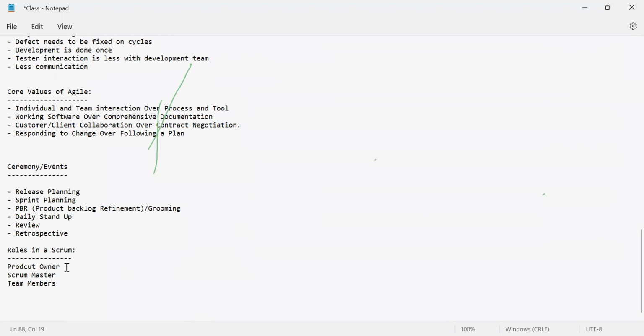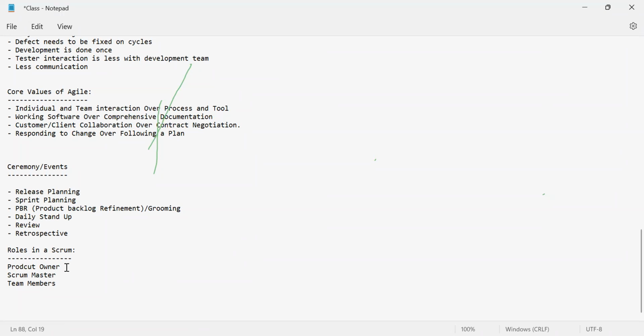Product backlog contains all the stories related to the product. Sprint backlog contains the stories that will be delivered in the 2-week sprint by all 4 teams. For example, the first 20 prioritized items will be picked up by these 4 teams and delivered.